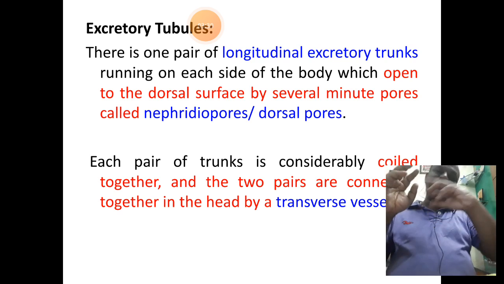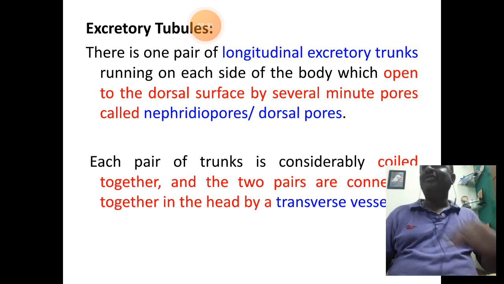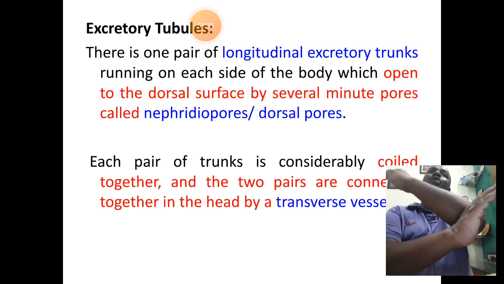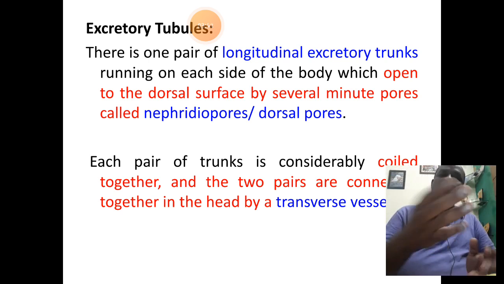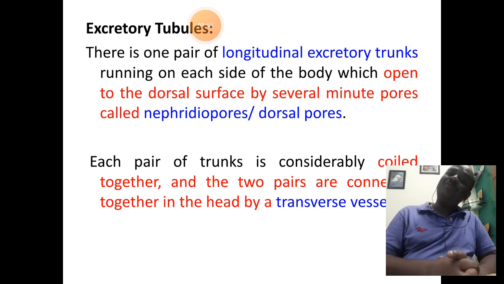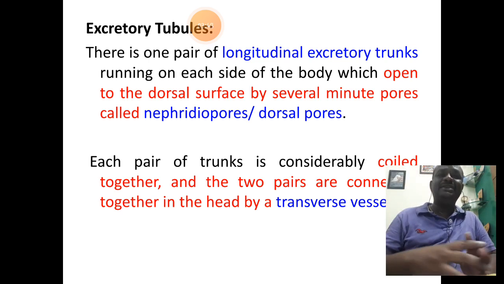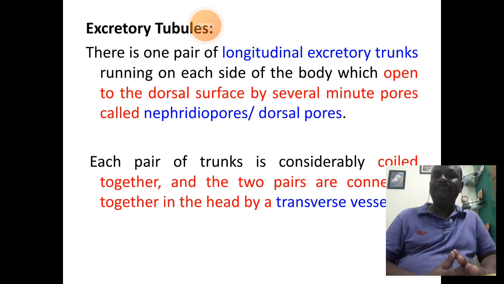The one positioned towards inside will end up with the structures of flame cells or solenocytes. The one which extends outside, the branch that comes out of the excretory trunk, forms the excretory pore outside, referred to as the dorsal pore or the nephridiopores.